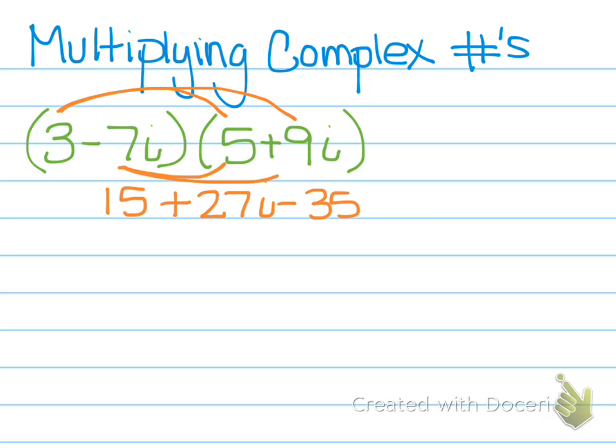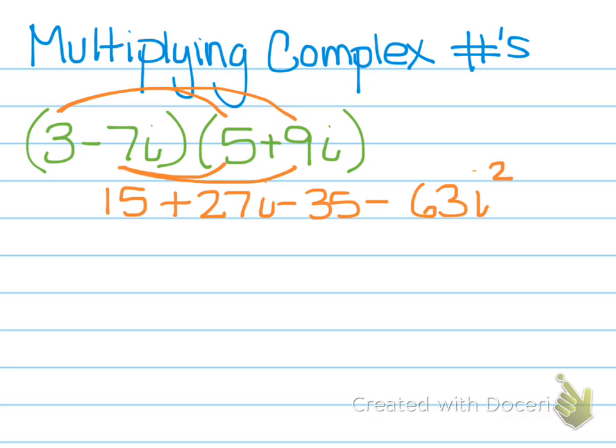And -7i times 9i is -63, but i times i is i squared.